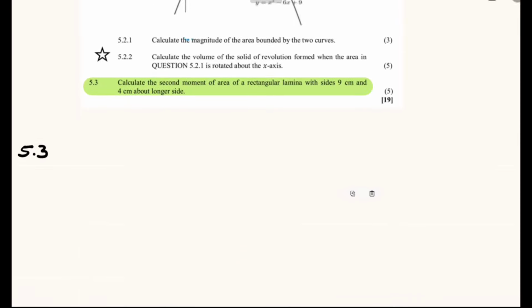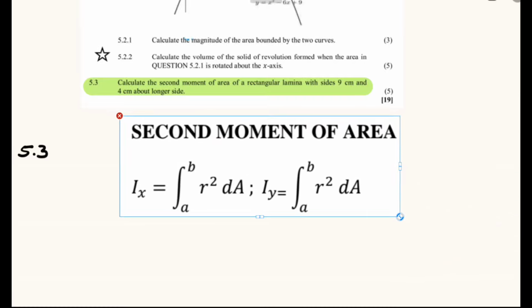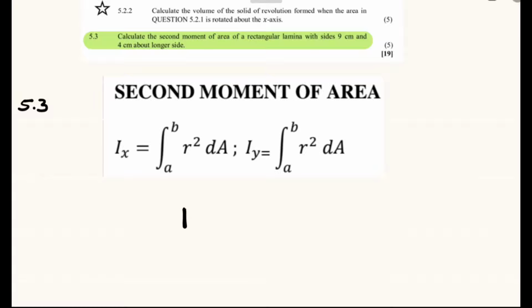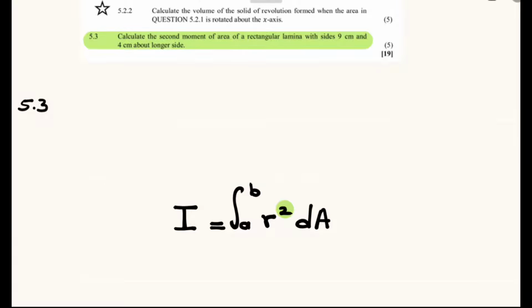From our formula sheet, our second moment of area, denoted by the letter I, is equal to the integral from the point A up until the point B of r squared multiplied by dA, and it's a second moment of area because the r is raised to the power 2. For the first moment of area, the r will be raised to the power 1.